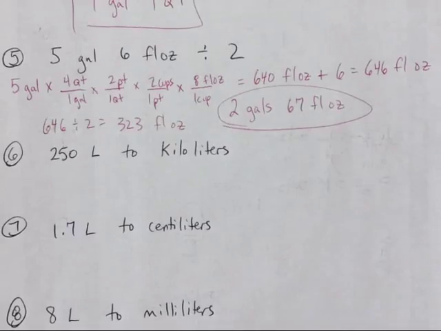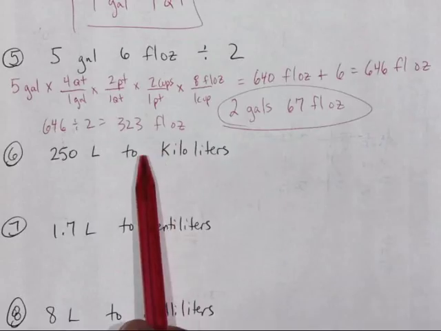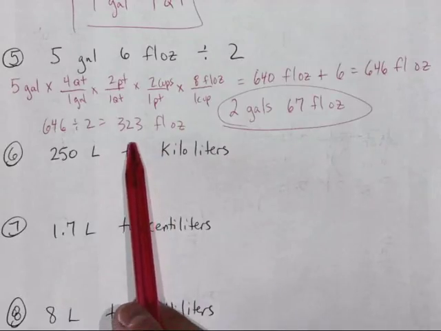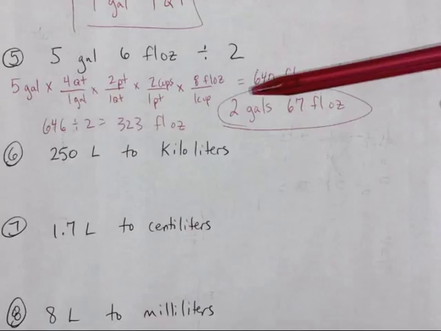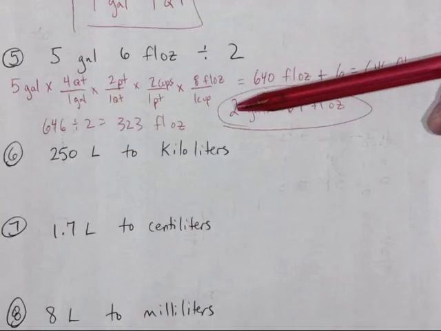So if we want to convert it back to whole gallons and fluid ounces, basically just do 128 times 2, because there's 128 fluid ounces in a gallon, and that gives me 256.